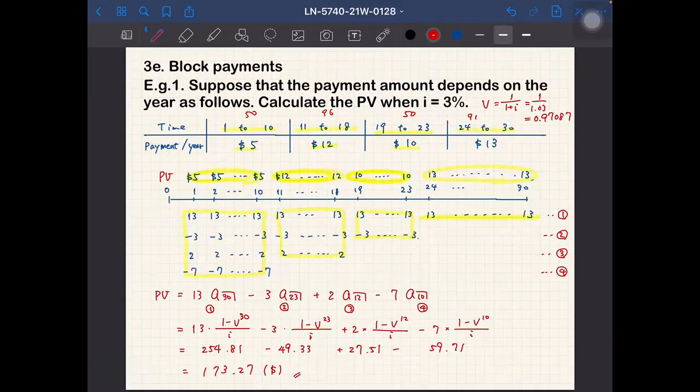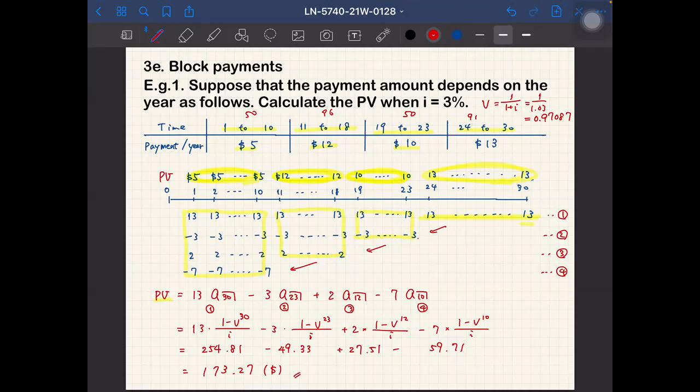So there are several ways to calculate present value in this case. Maybe you can think about each block: the block of $5, the block of $12, $10, $13. But for this specific question, the easier way is our solution. We think about the longest sequence first, go backward, and decompose this PV into 4 different annuities.